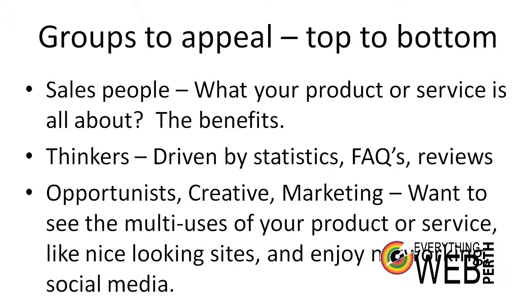Then we've got the opportunists, the creative minds, the marketing minds. These types of people want to see multiple uses of your product or service, in other words, different opportunities of where it can be used. They like nice looking sites, for example, for appealing to the design, and they enjoy networking and social media and so forth.